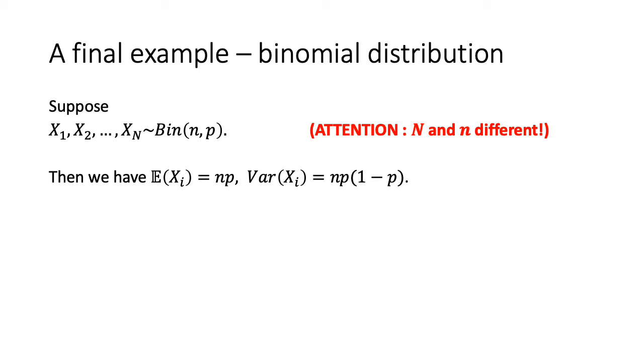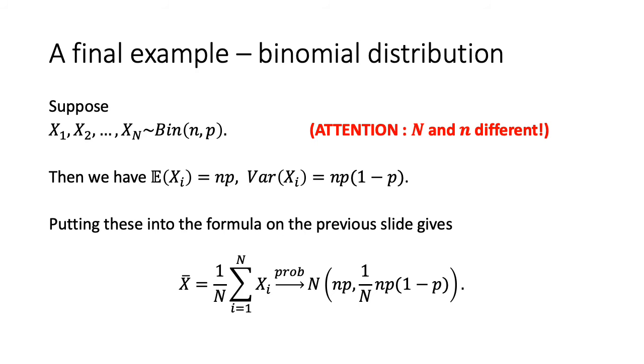Right, you may remember that for a binomial random variable with parameters little n and p, the expectation of one of those random variables is np, and the variance of one of those random variables is n times p times 1 minus p.